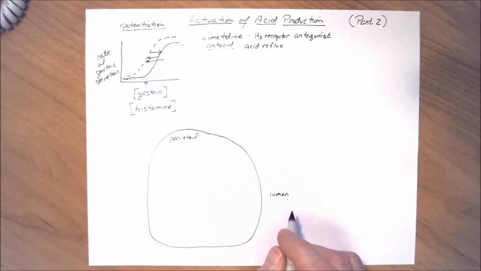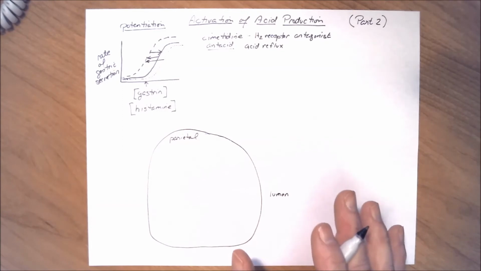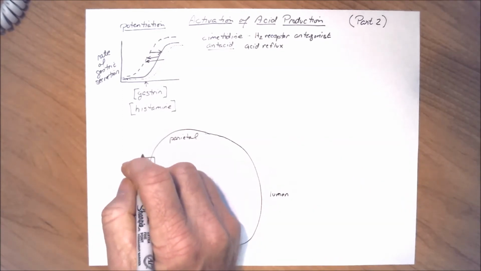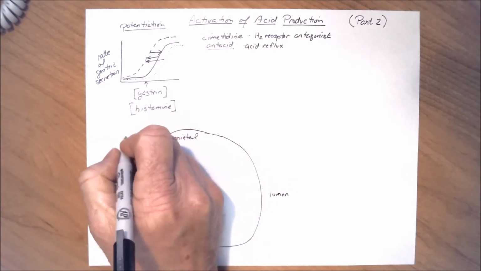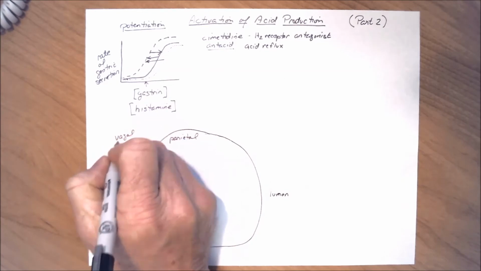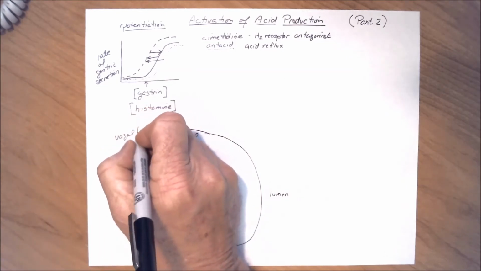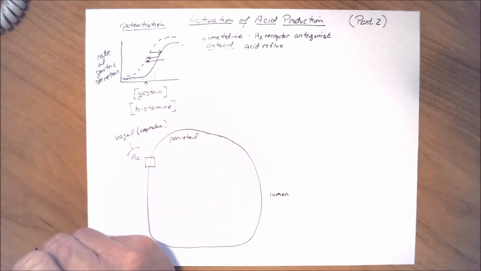Remember, we have essentially 3 different activation signals. The first is acetylcholine, through the vagal stimulation, and remember, the vagal stimulation begins in the cephalic phase of digestion.